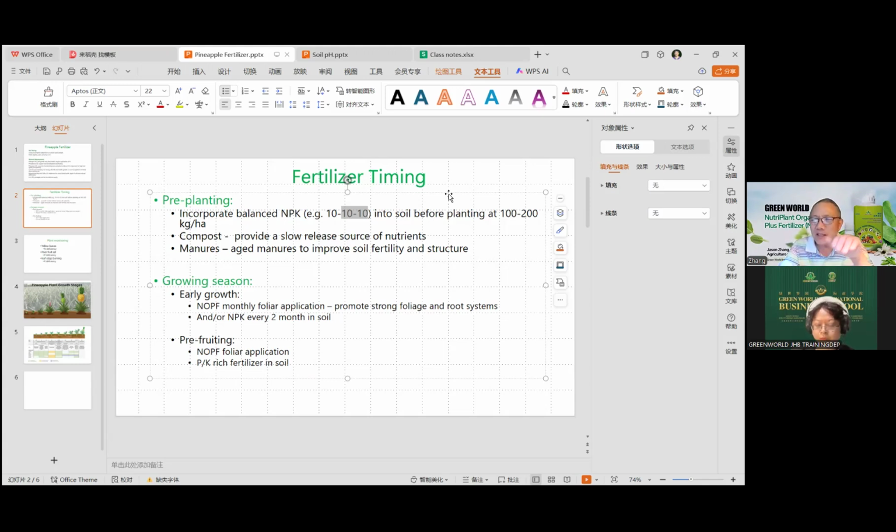A lot of seeds bypass digestion and come out in the manure. So if we use fresh manure, these seeds will germinate and you get a lot of weed problems. Compost is the same thing. You have a lot of weeds come from compost if it is not mature, not aged. That's why we want to use matured, ripened compost and manures.